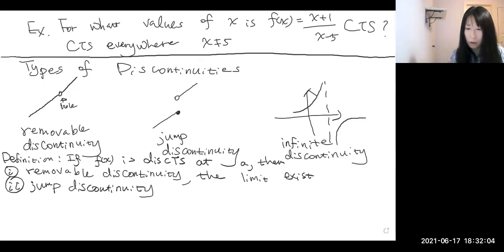So look, if we say from the left, let's say the 1 there, and if we say the limit from the right, let's say the 2 there. So from left, from right, it's not equal, okay?